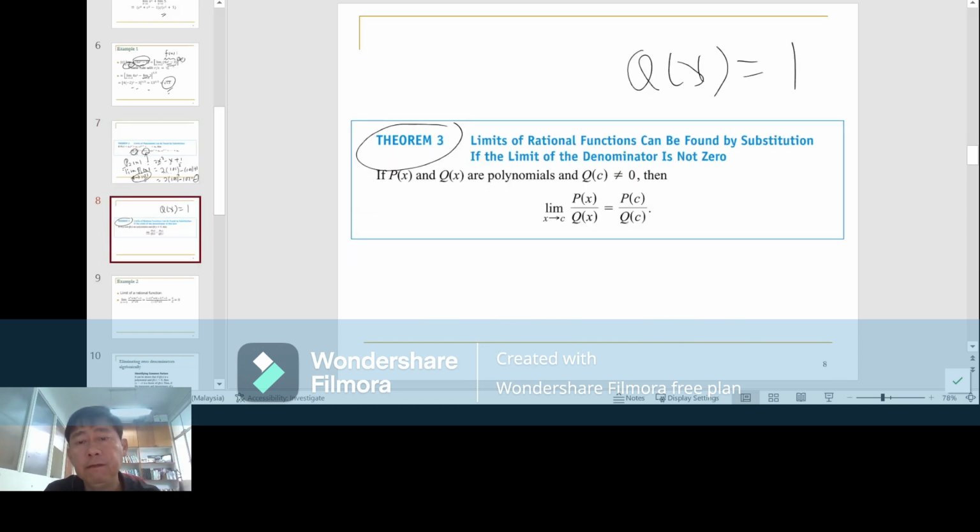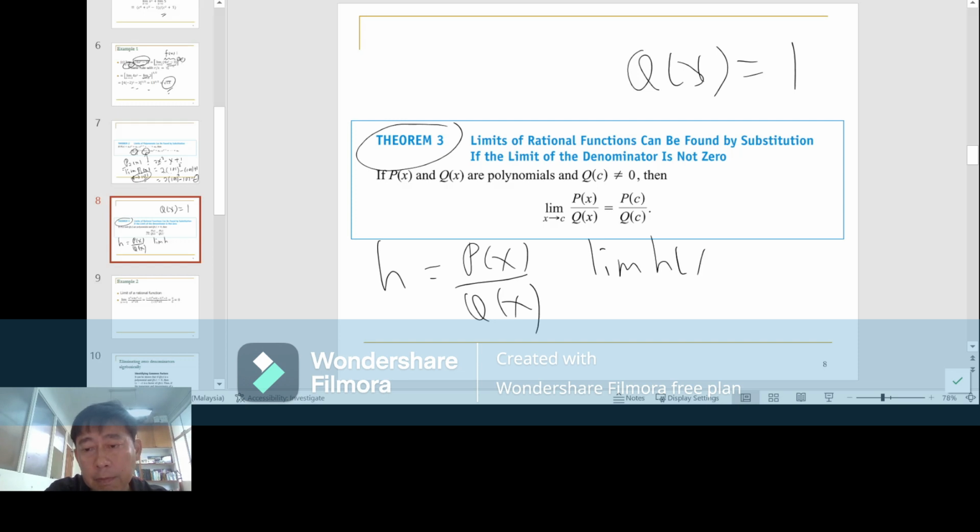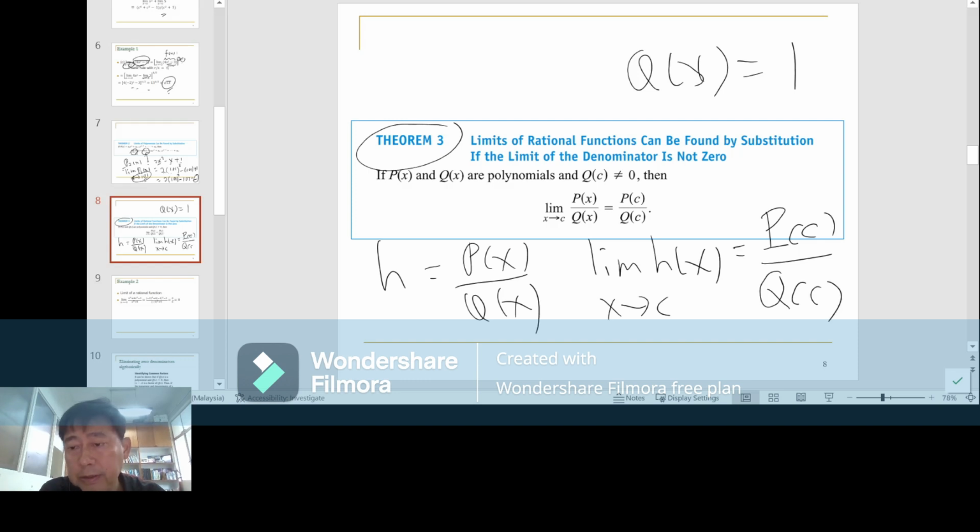It says if you have a new function h which is formed by taking the ratio of two polynomials, then the limit of the function h at a certain point is simply equal to the value of the polynomial upstairs evaluated at c divided by the polynomial downstairs evaluated at the point c.